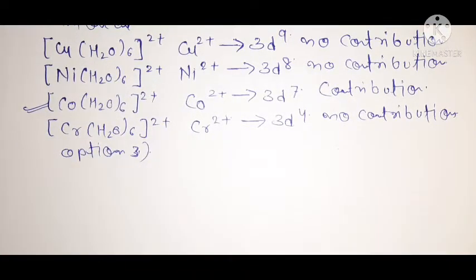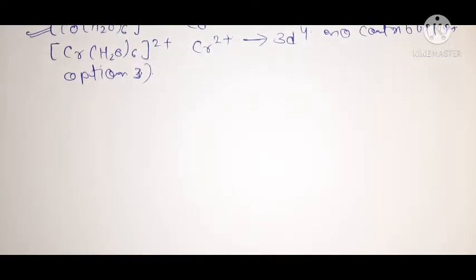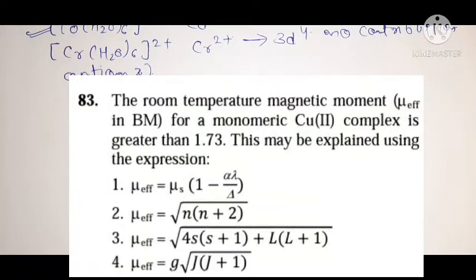Understood? Okay. So now we move towards our next question, and see, it says the room temperature magnetic moment in Bohr magneton for a monomeric copper(II) complex is greater than 1.73. This may be explained using the expression, and we have four expressions.